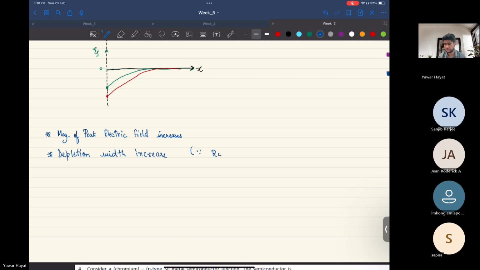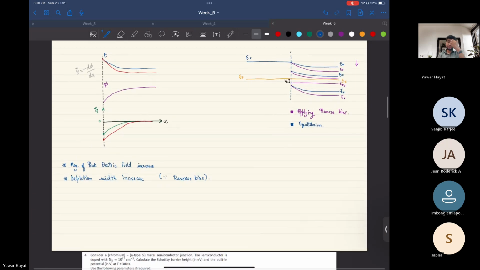Reason: this is reverse bias. So is this question clear? Should I repeat anything?